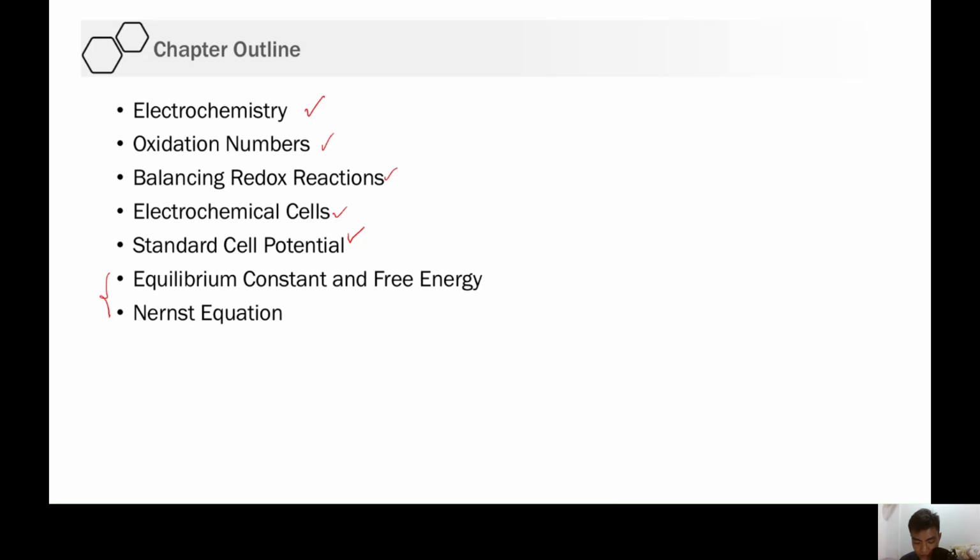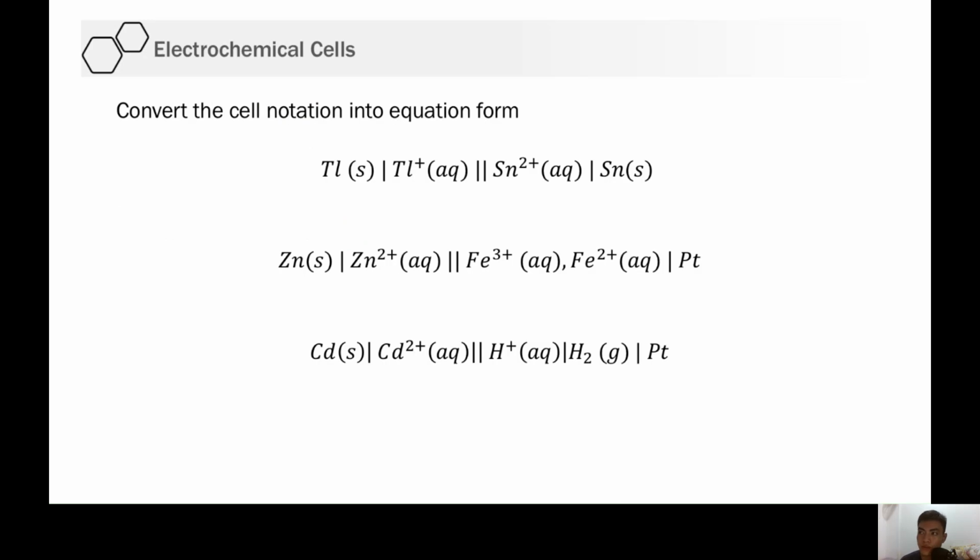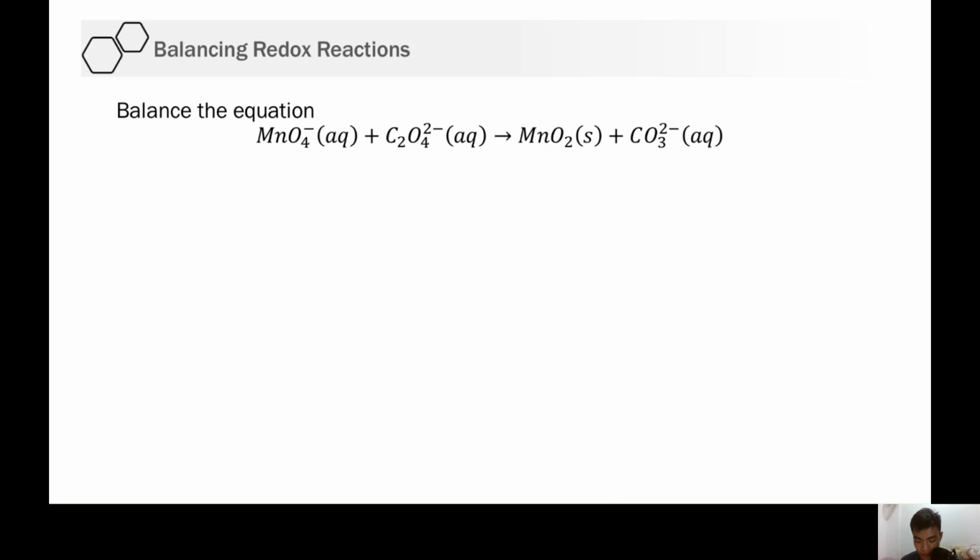Last time I left you an activity, which is to balance redox reactions. I hope you were able to convert this into cell notation form, and also balance redox reactions.